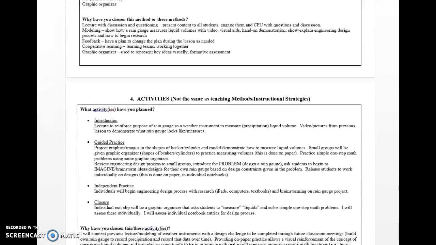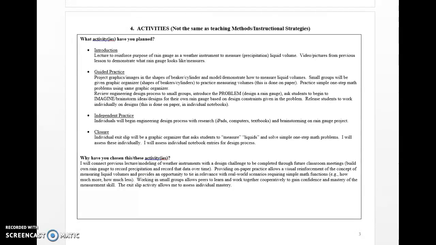So the activities for my lesson presume previous lessons have introduced weather instruments, the vocabulary, maybe even some hands-on observations of these instruments, just so until we get to this point in our lesson, all I'll have to do as far as lecture goes is reinforce what a rain gauge is, its purpose as a weather instrument, to remind them that a rain gauge measures a liquid volume or precipitation.